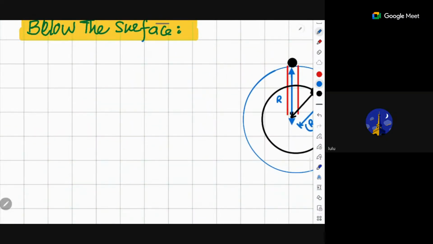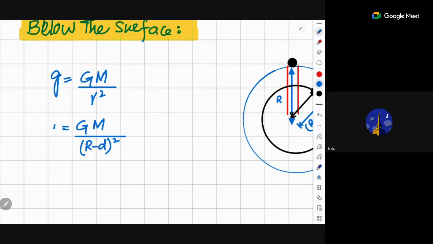Now the variation of G is basically equal to GM divided by R squared. That is GM divided by (R minus D) whole square.